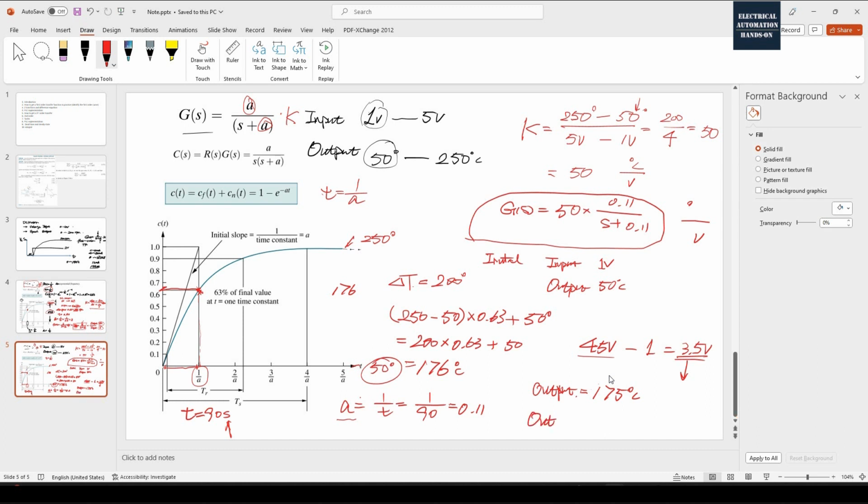This output comes from the transfer function, but the actual real system output should be 175 plus your base, your initial status. Then that result is equal to 225 centidegrees. So this minus 1, minus this initial status, and consider the initial status of the output. This needs to be done very carefully.